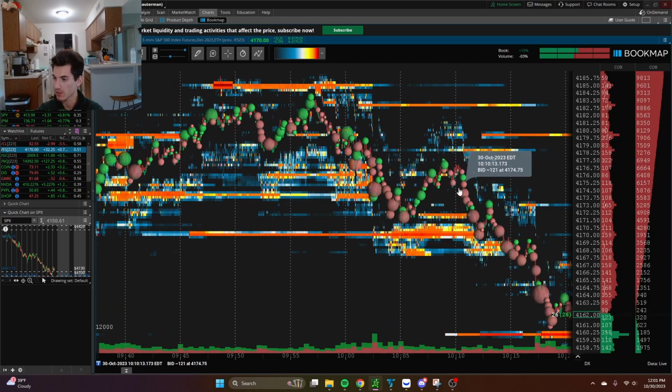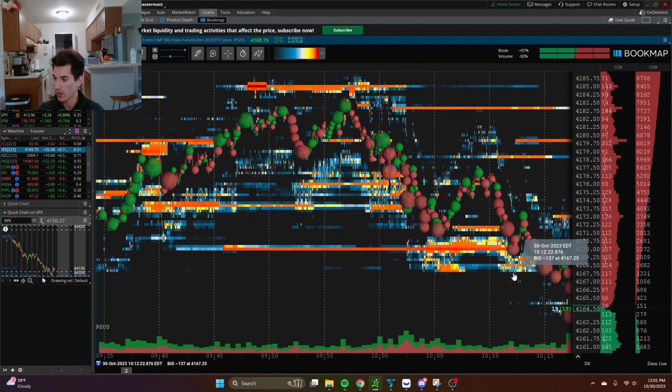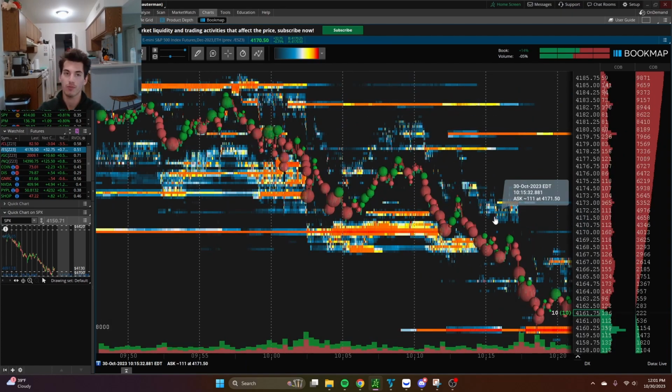Price almost touched that and grabbed all that liquidity, except then it broke through. Sellers tried to break 4170, they got absorbed for 3 points, and then there was no one else to replenish that liquidity here, and price just tumbles on down, right? So it's not some magical cheat code.